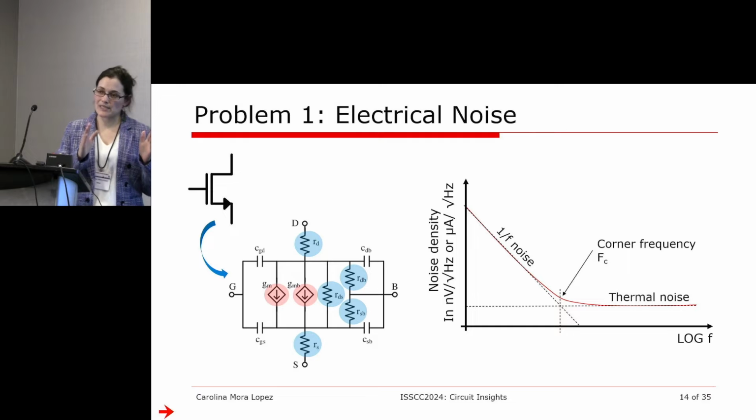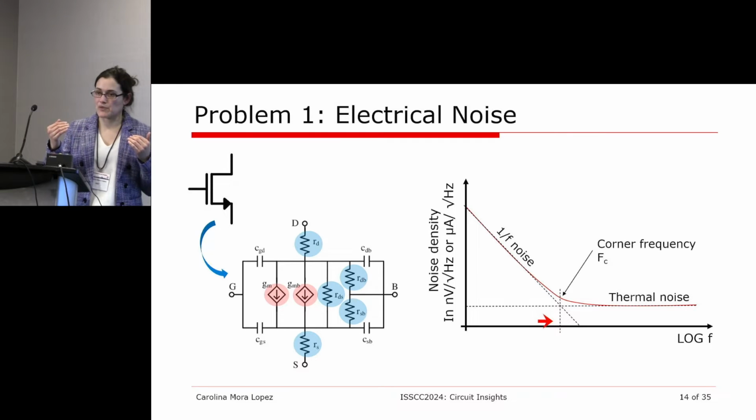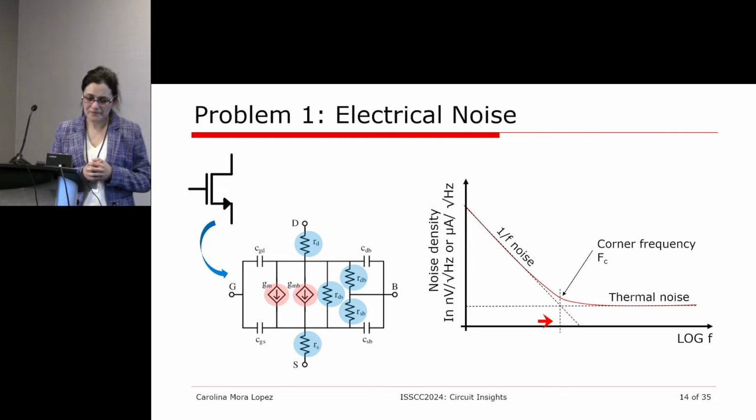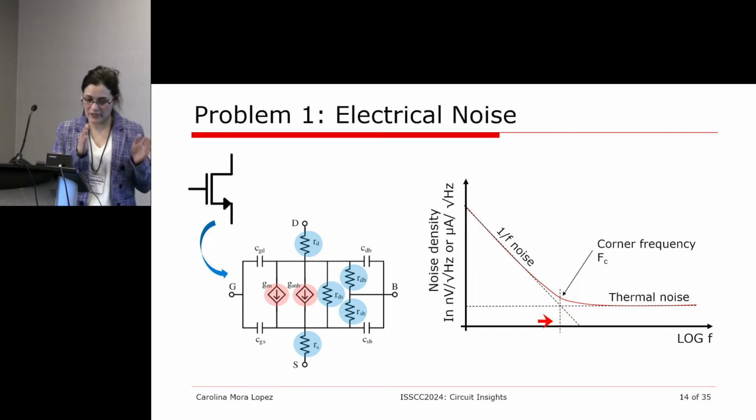At lower frequencies you are dominated by 1/f noise, while at higher frequencies you are dominated by thermal noise. There is a frequency where these two noise components coincide, and this is called the corner frequency. In design, for certain applications, you try to make this corner frequency as low as possible, and there are many techniques to do so. Why do you want that? Because you reduce the contribution of 1/f noise, which is quite large over a certain frequency portion.